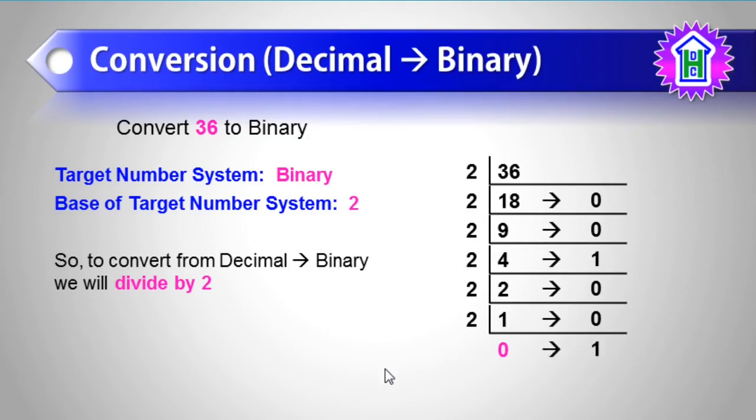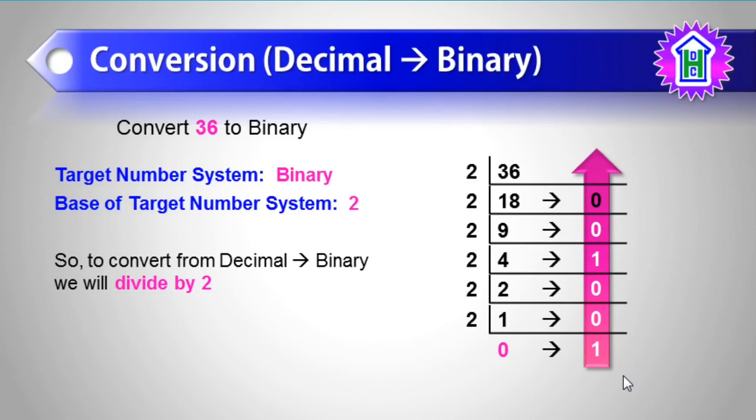Now if we write all these remainders from bottom to top, we'll get the binary of 36, which will be 1 0 0 1 0 0. So the binary of 36 will be 100100, and the base of the binary is 2.